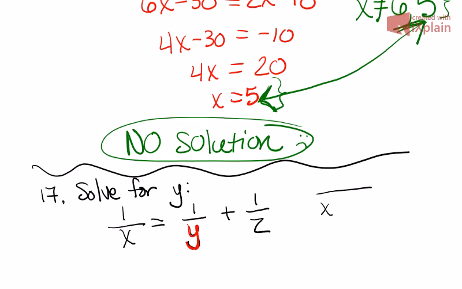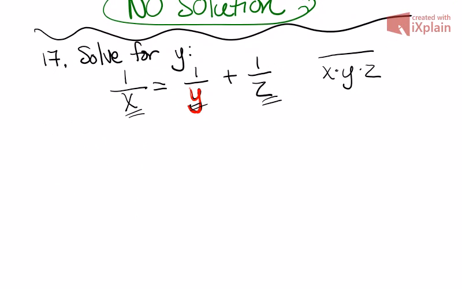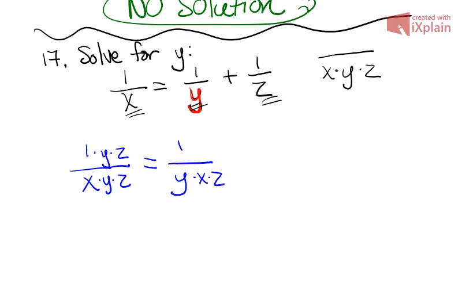Common denominator needs to have an x, a y, and a z because x, y, and z are the current denominators. So like before, figure out what they each need. So the 1 over x needs a y and a z on both the top and bottom because they have to match. The 1 over y needs an x and a z. Again, give it to the top as well. The 1 over z needs an x and a y, just to be consistent.